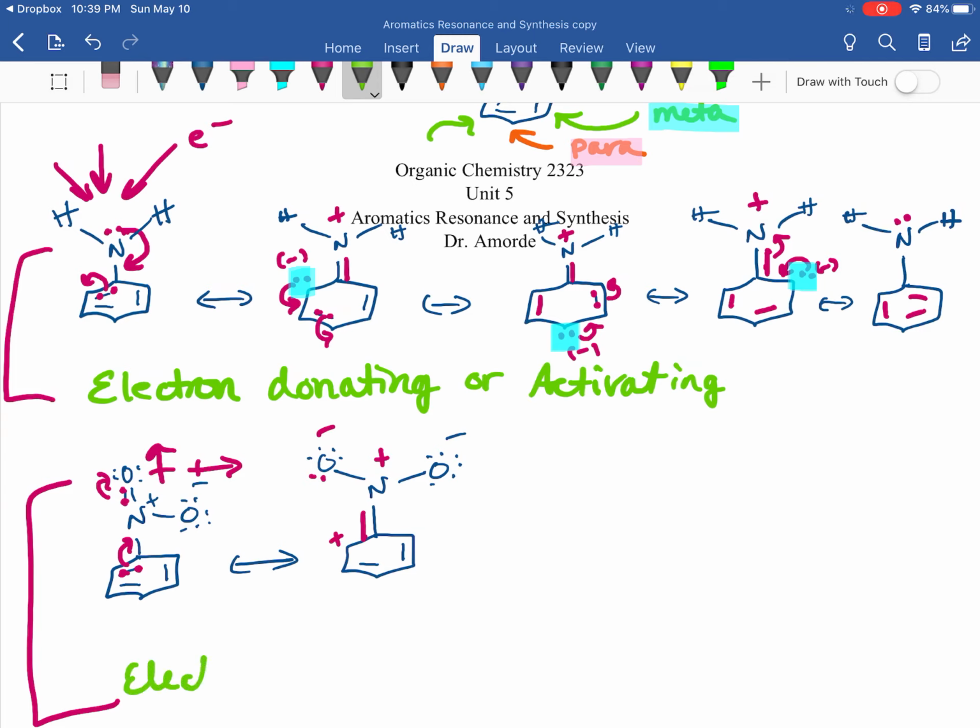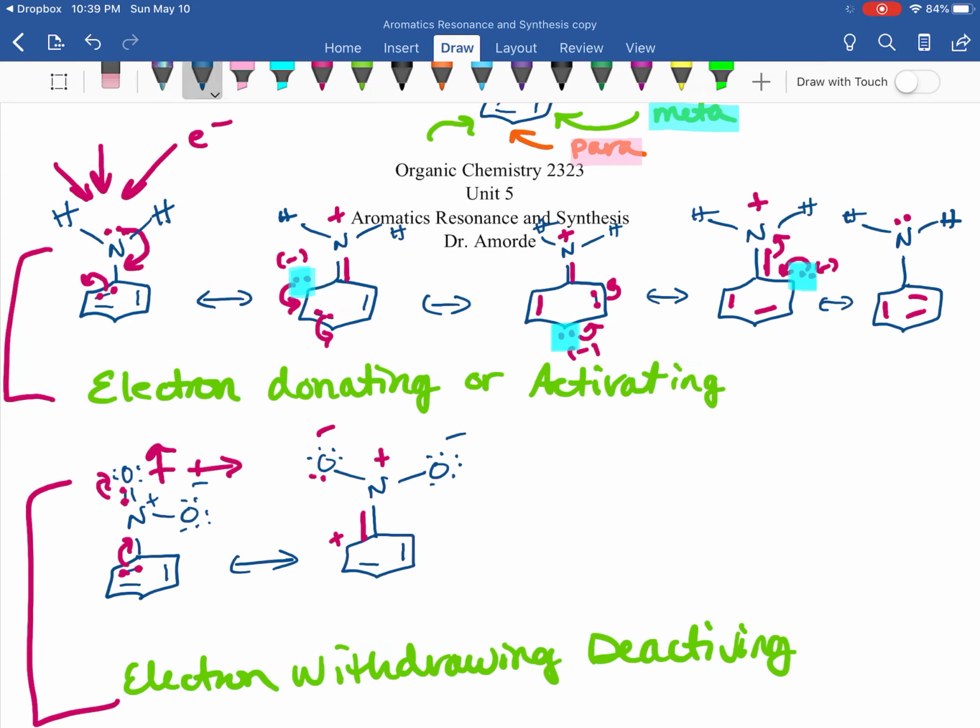Our nitro group is not electron donating. Electrons aren't going into the ring. We are electron withdrawing, and those are deactivating. So if you are looking for this to be a nucleophile, you made a crappy nucleophile much worse. Will it still work? Yeah, but you're going to have to really have a kick-in-the-pants reaction in order to get that to work.